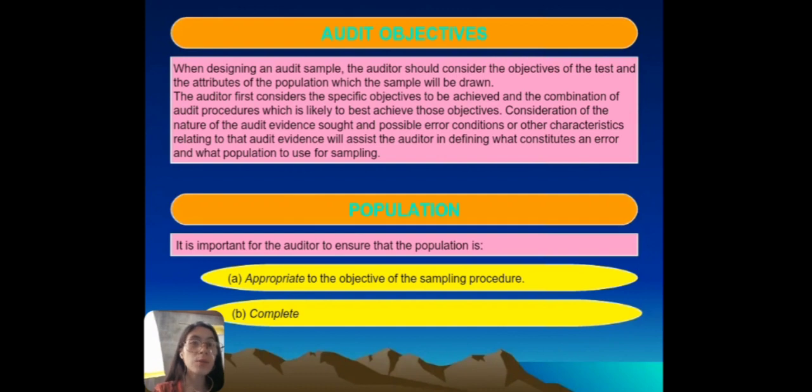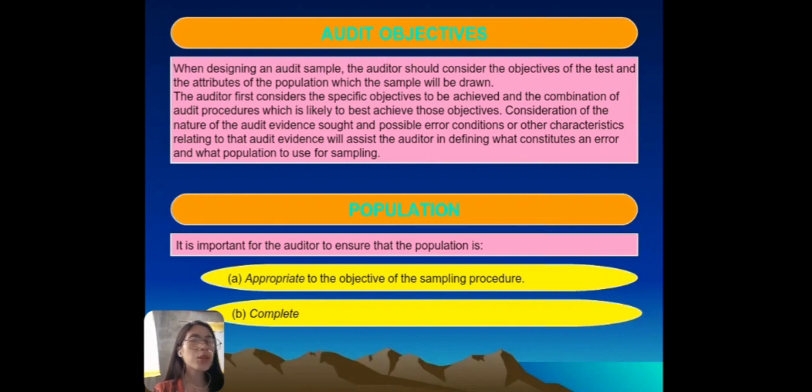Audit objectives. When deciding on audit samples, the auditor should consider the objectives of the test and the attributes of the population from which the sample will be drawn. So the auditor first considers the specific objectives to be achieved and the combination of audit procedures likely to best achieve those objectives.